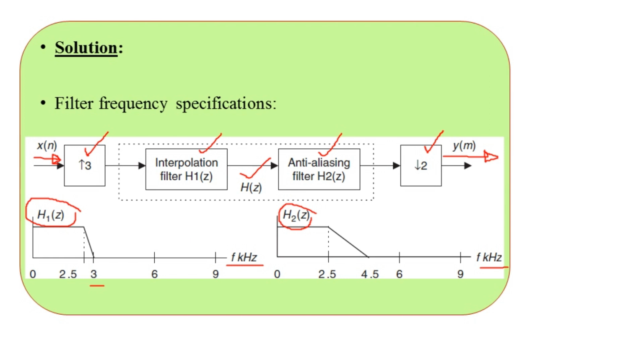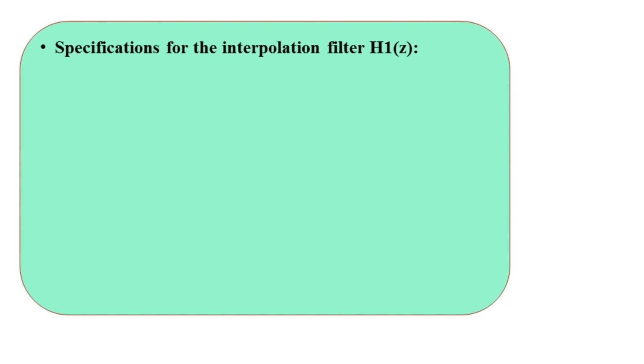Now there can be the specifications for the interpolation filter denoted as first filter h1 of z. The first parameter is the passband frequency range, which is equal to 0 to 2500 Hertz.